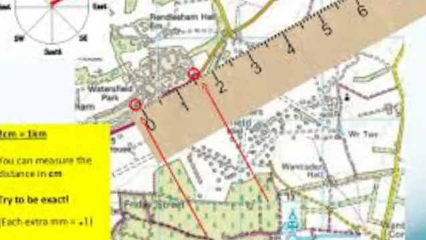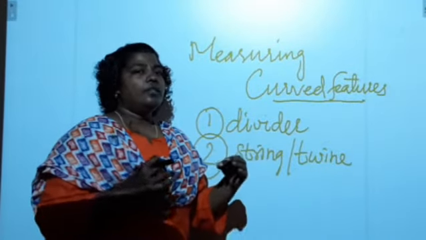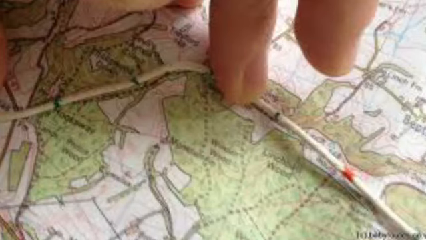The next method to measure the curved area is the string or twine method. In the string or twine method, you have to take a string or a twine and keep the two ends, or two points, of the twine on the map. You have to measure these places.